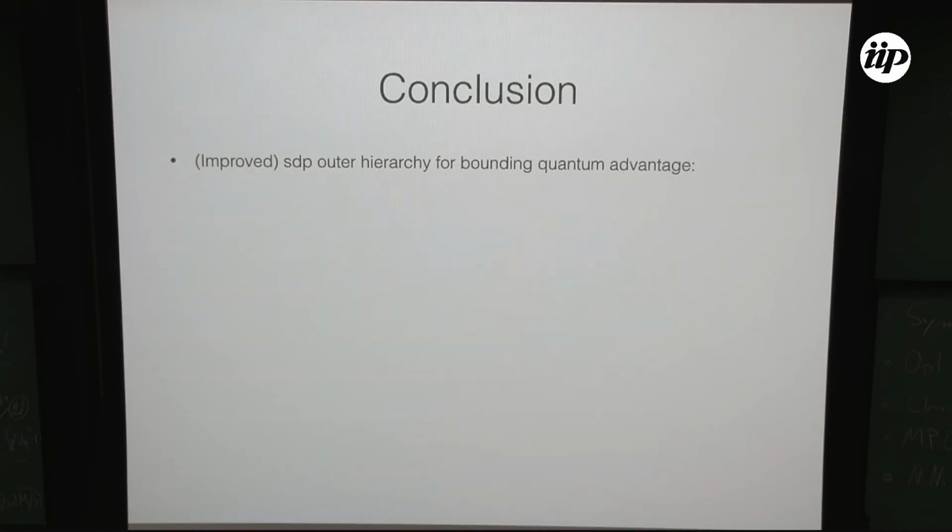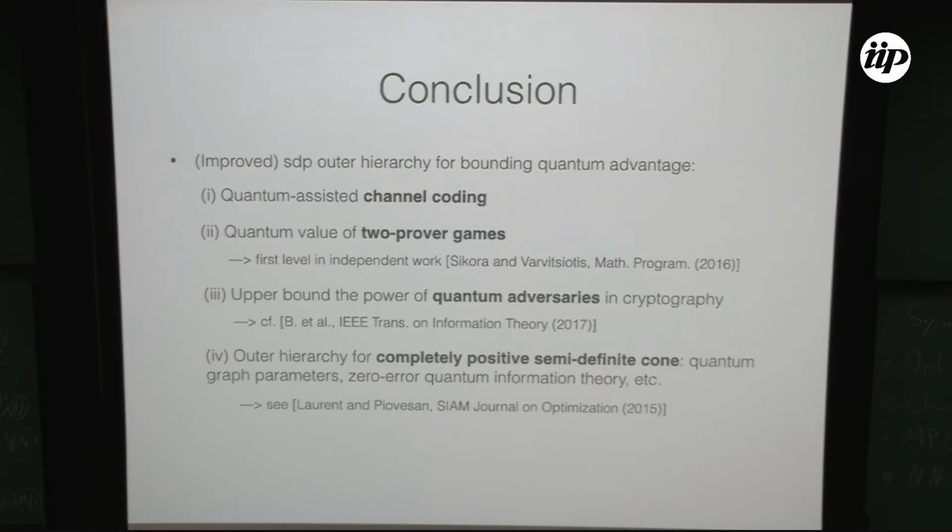Good, that already brings me to the conclusion slide. So what did we do? We derived this improved SDP outer hierarchy for bounding the quantum advantage when you look at bilinear optimization versus quantum bilinear optimization, and in particular, it's also how I started. We looked at this quantum-assisted channel coding.